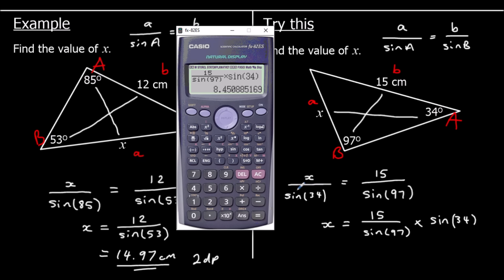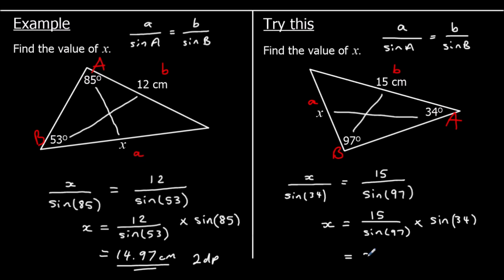And again, I'm going to give the answer to 2 decimal places. So we've got 8.45 this time. And again, centimeters, and I'll write 2dp.